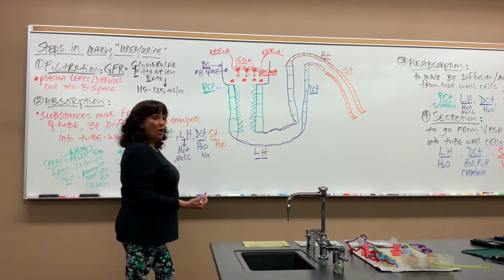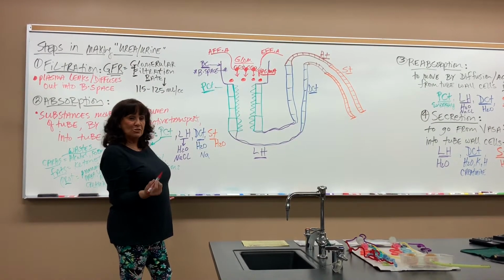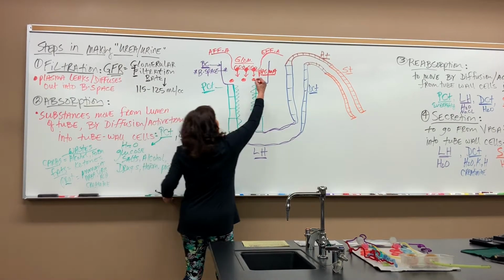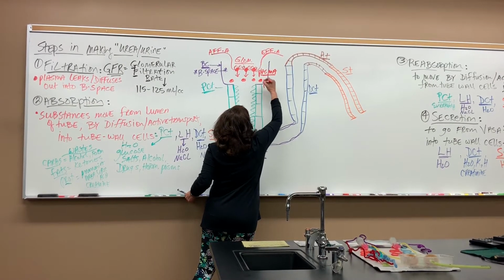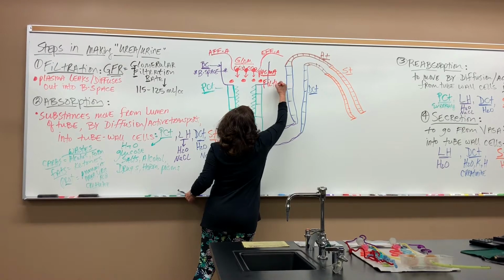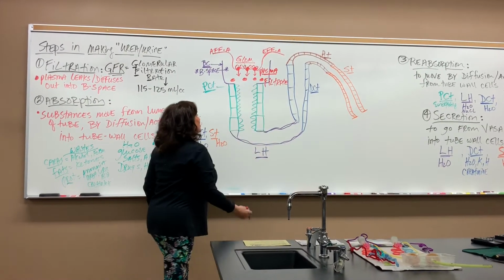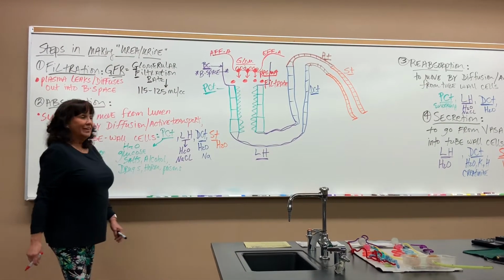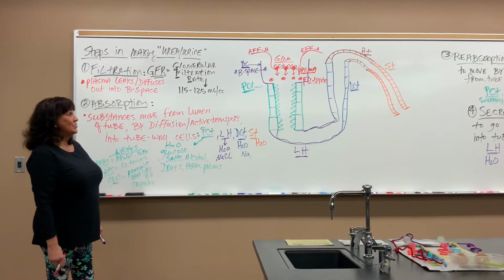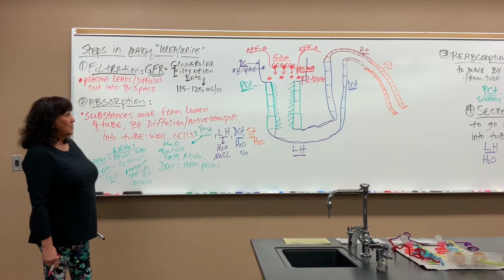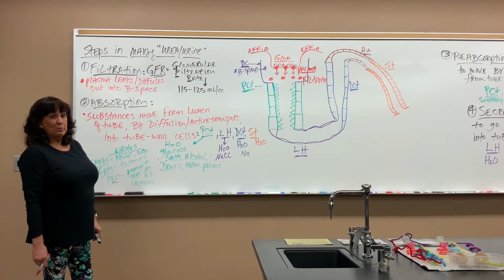And what do we call that? It is called filtrate. So the plasma is going to leak out, and it becomes known as filtrate. There it is. And so that is filtration. It is the simple process of diffusion of the plasma out of the glomerulus into Bowman's space.